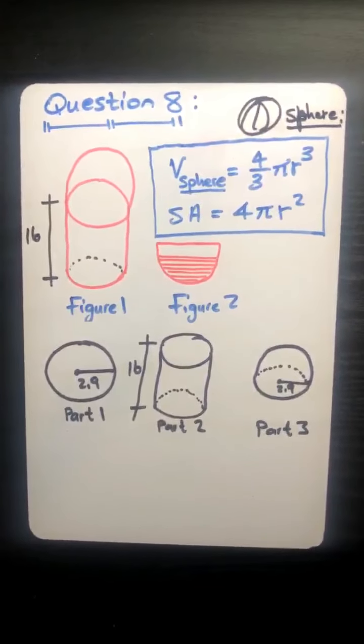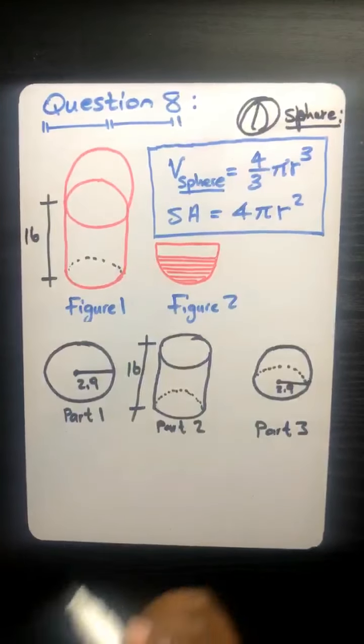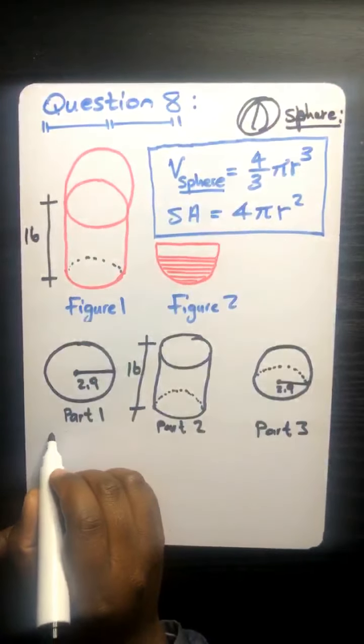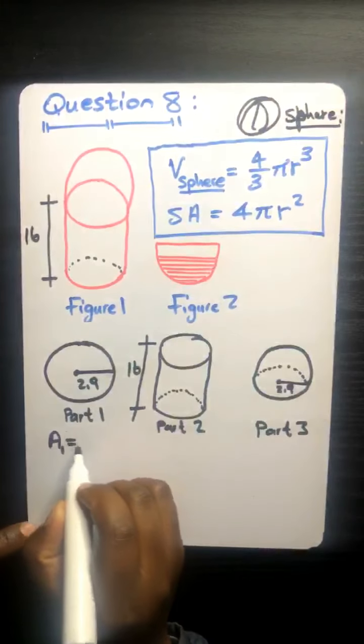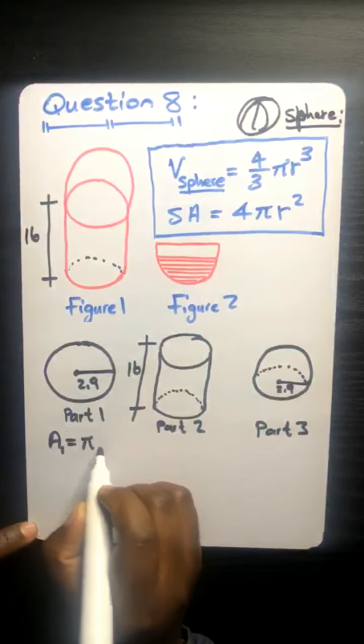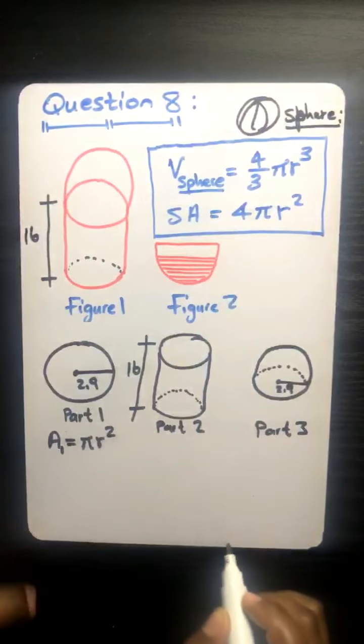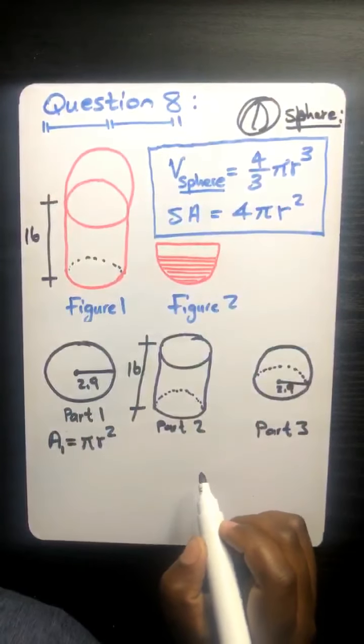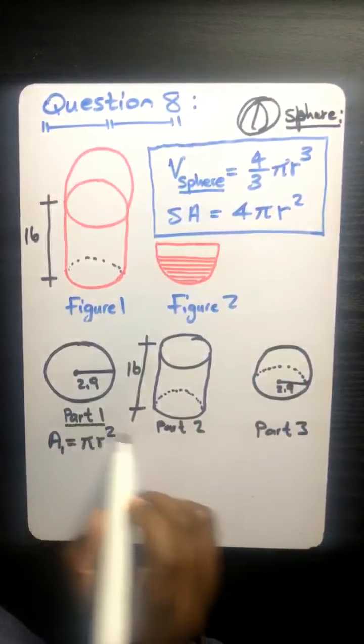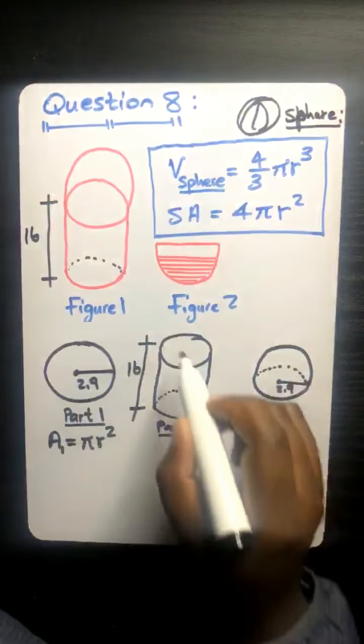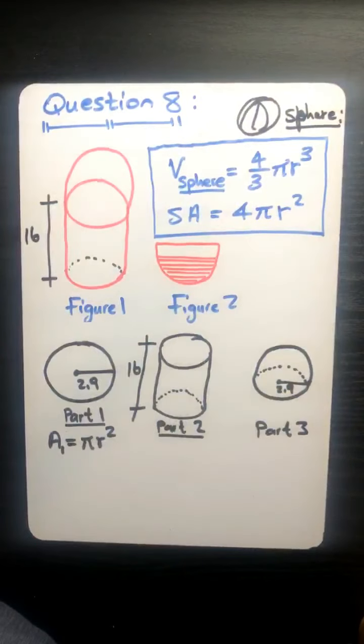Or maybe let me write this one: area of part 1 is equal to pi r squared. So what is the area for part 2, being just the can?